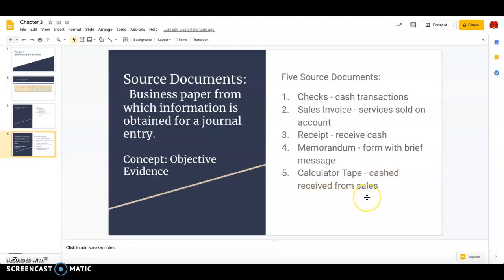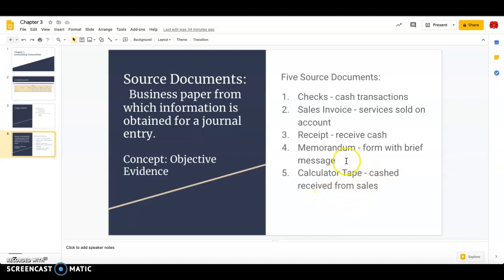Bigger stores probably get more of a printout at the end of the night, but you can find out how much in cash sales were made from each of your cash registers.